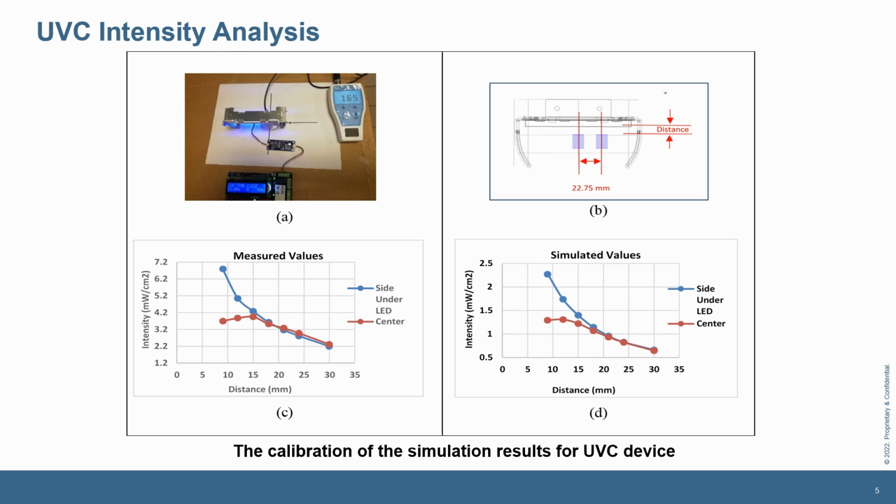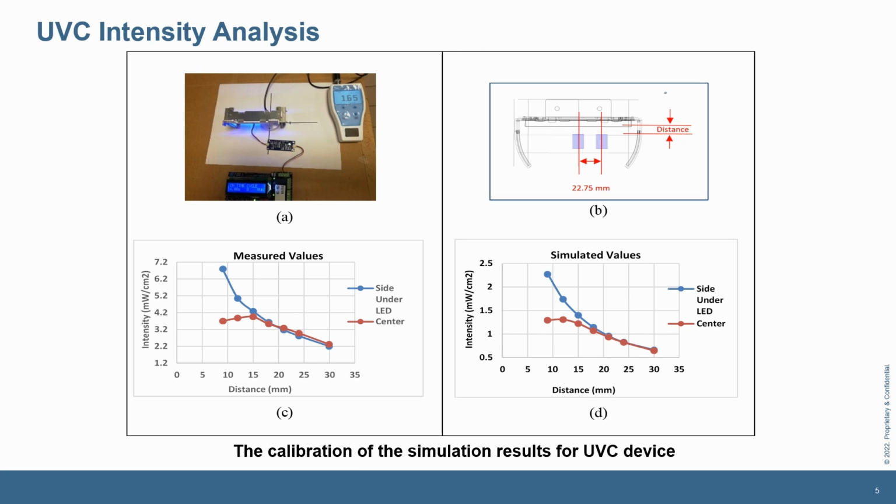We measure 2 positions with various distances for UVC intensity. One is the center position and one is the side position. The dark red line means the center position value, and the blue line is for the side position value. The right side of the slide shows the result simulated by the software, with exactly the same parameters as during the measurement.